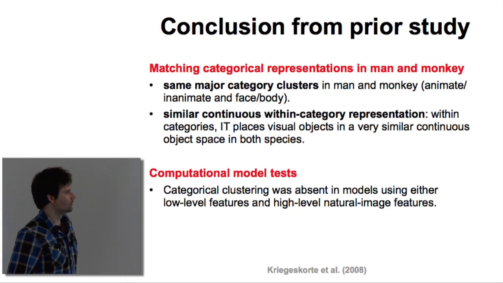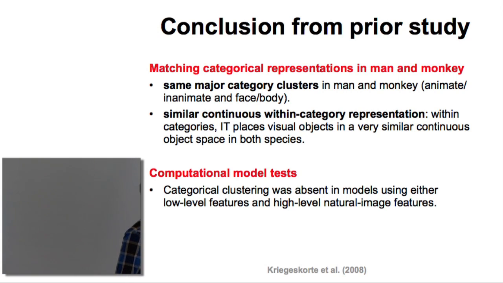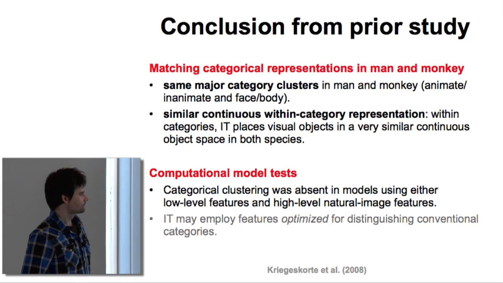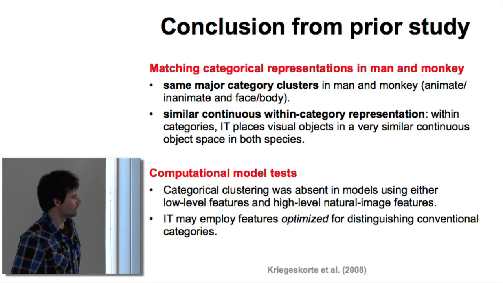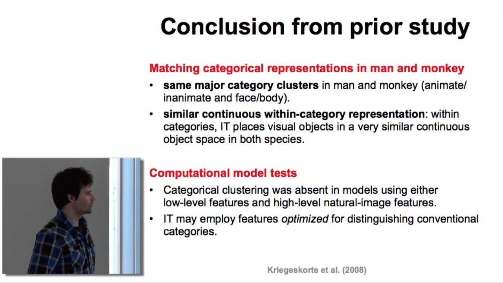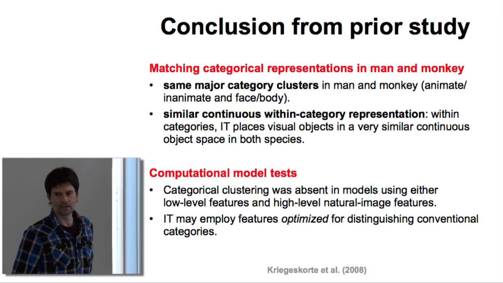And from the computational model tests, we saw that the categorical clustering was absent in models using either low-level features or high-level natural image features. Our working hypothesis is that IT may employ features that are optimized for distinguishing conventional categories.